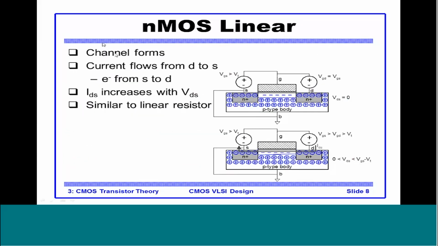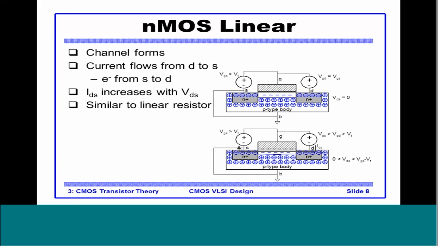As soon as VGS goes beyond VT, the electrons, in response to the significant electric field, start accumulating towards the junction in the area here. The flow of electrons is from source to drain. Now assume a small positive voltage on drain.